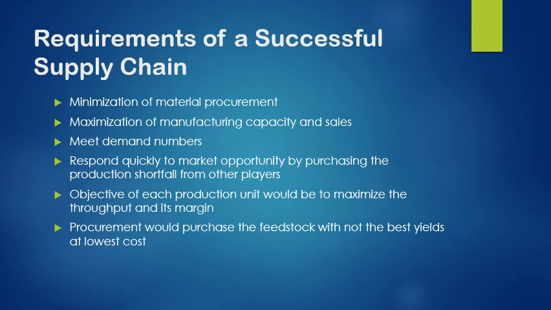The interesting fact is that the objective of each production unit would be to maximize the throughput and its margin. So if you look into the requirement of this kind of complete supply chain management, you will see that to have a proper supply chain architecture, all these different players need to coordinate with each other.